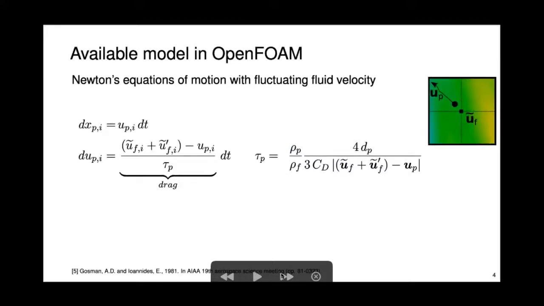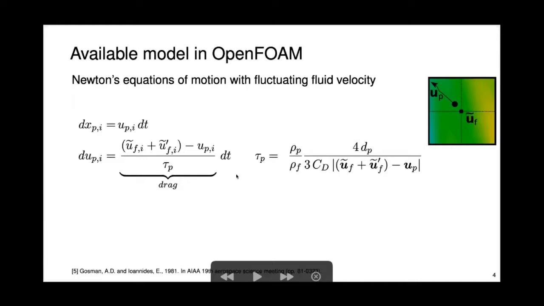So to model turbulent dispersion using the available OpenFOAM framework, we would solve Newton's equations of motion, accounting only for drag in the channel flow, where drag depends on the density ratio, particle diameter, divided by the drag coefficient and the magnitude of relative velocity.